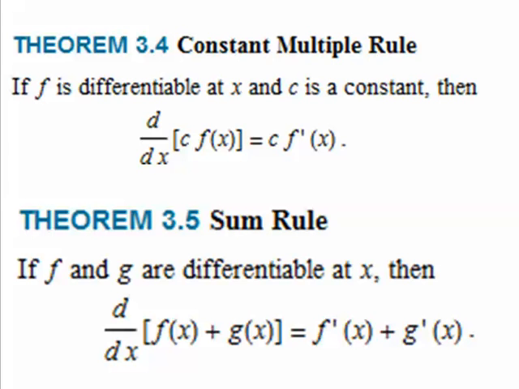The derivative of the sum is the sum of the derivatives. If instead we had f minus g, then we would get a similar result. The derivative of the difference is the difference of the derivatives.